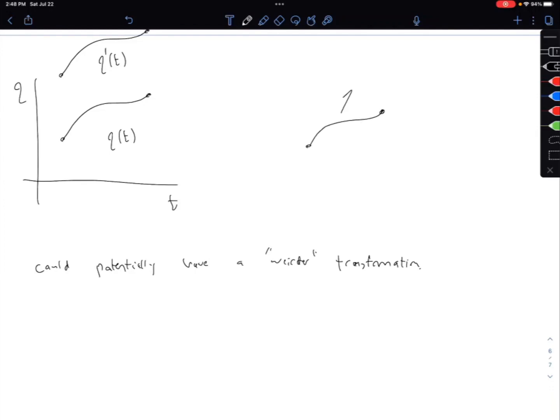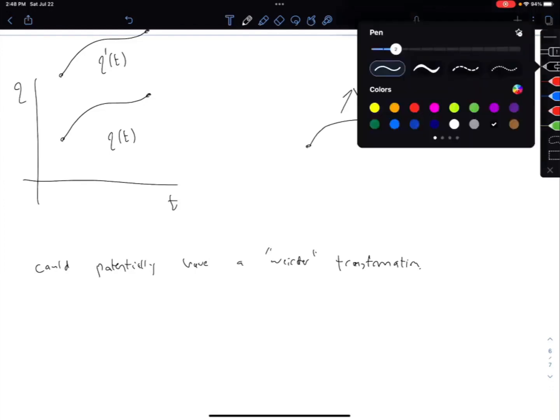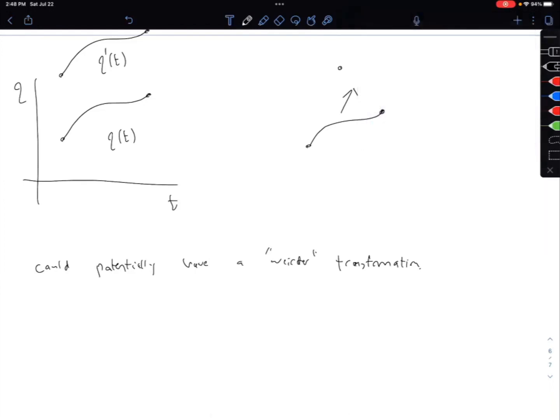I could do some very weird, funky thing, where maybe it goes like this, and the time separation here is like t_A and t_B, and then this time separation would be some different times, right? So we're going to actually consider situations like this, right?